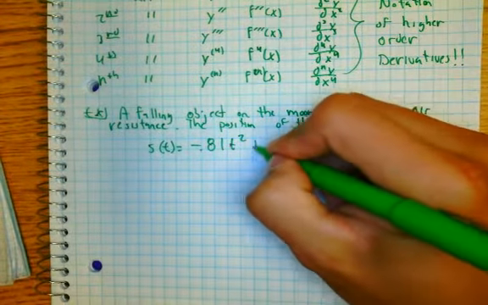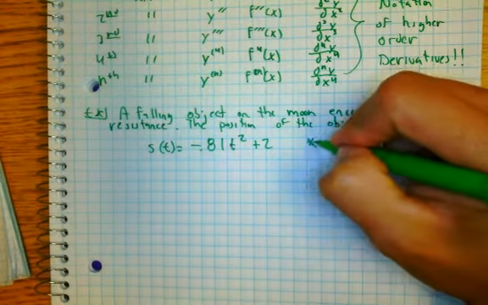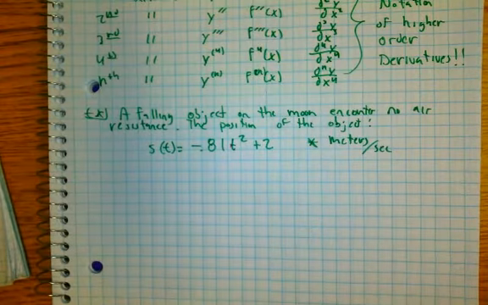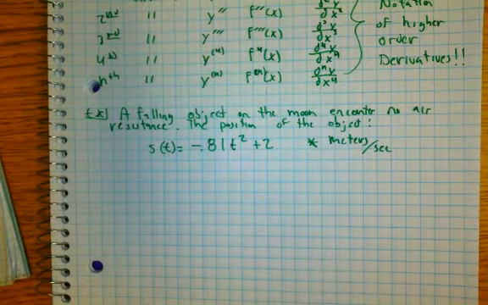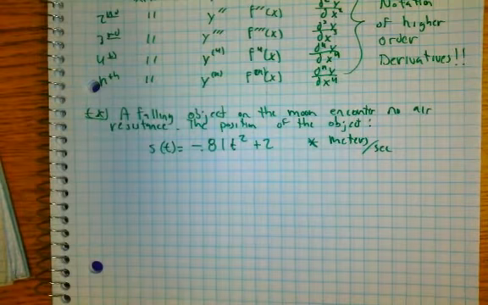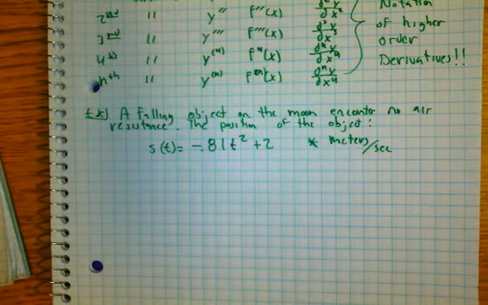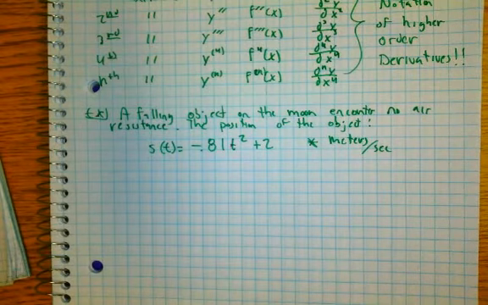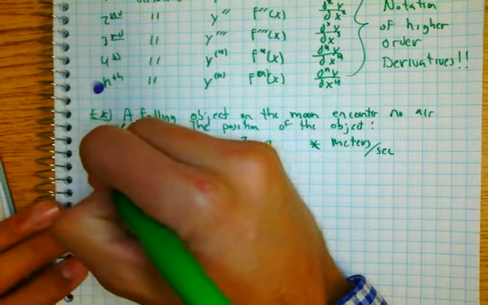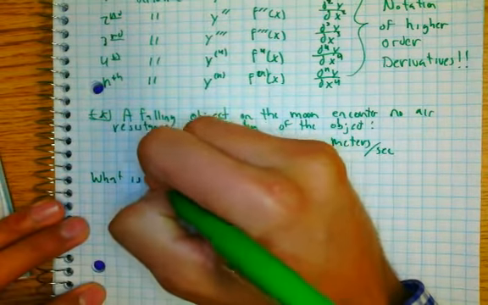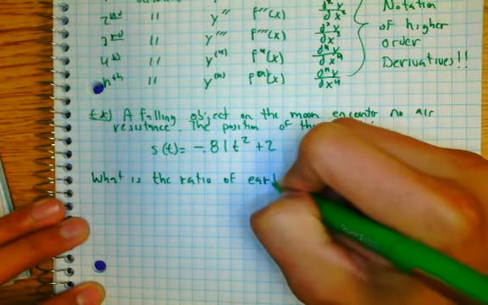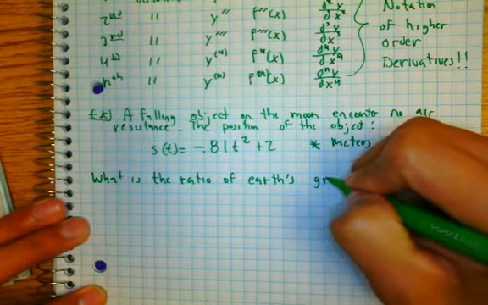Here's the question. What is the ratio of Earth's gravitational force compared to the moon's? Now, in order for you to answer this, you need to know the gravitational force on Earth. For those of you that are taking physics, do you know the gravitational force on Earth?